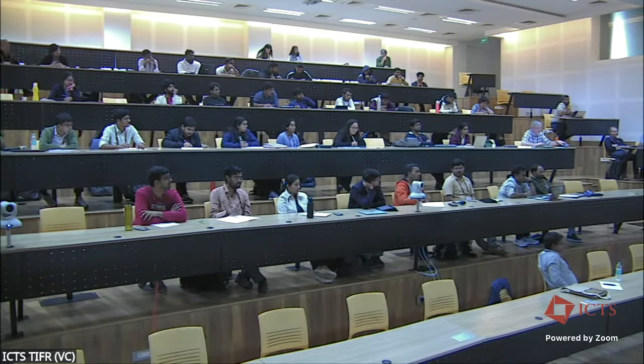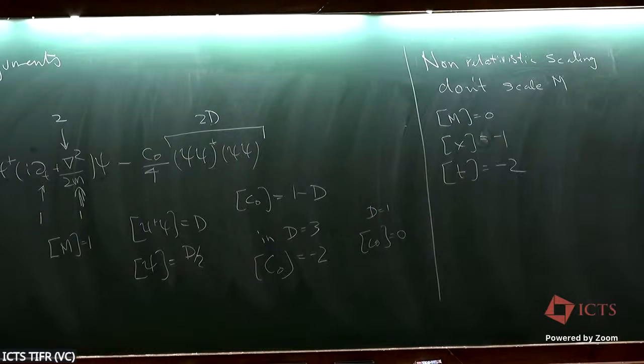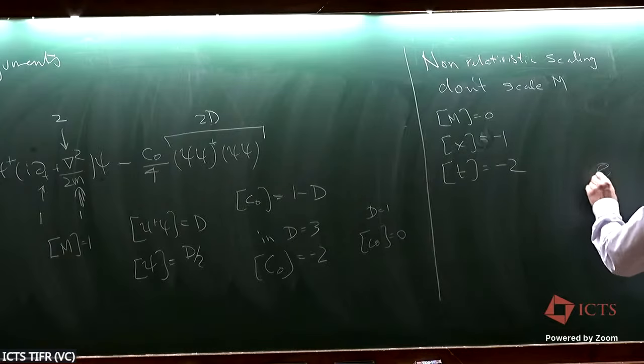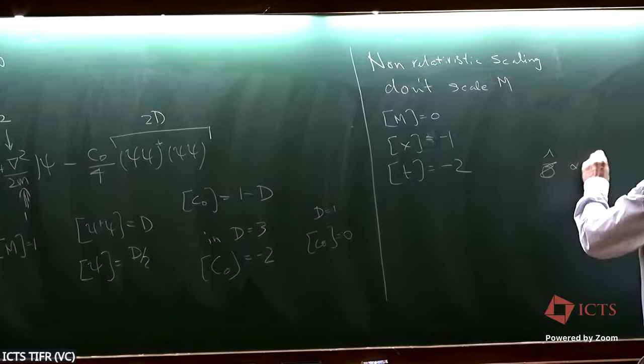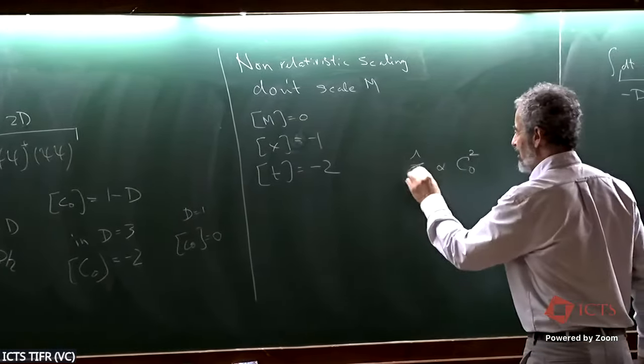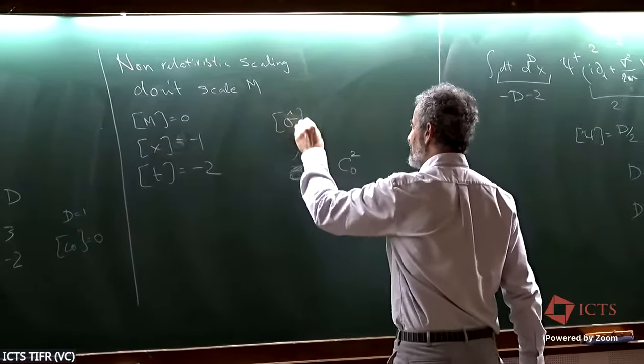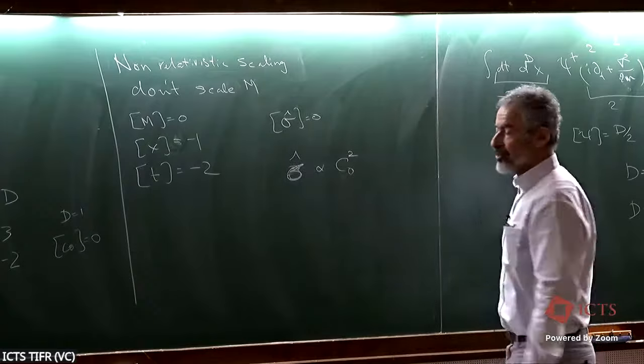Okay, so you can use the scaling to look at the properties of our sigma hat. Sigma hat is supposed to be scale invariant. C naught squared.